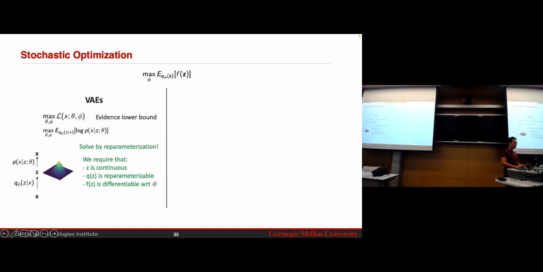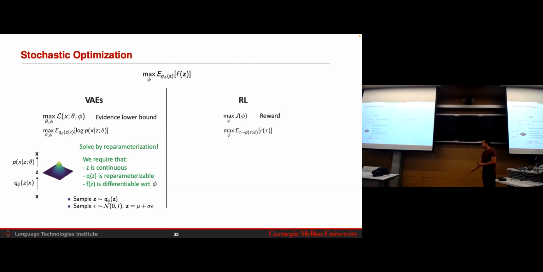You solve that by reparameterization. And of course, your F of Z, after you sample Z, should be differentiable with respect to phi. And we have all of that in variational autoencoders. So therefore, what you could do is, instead of sampling Z, sample the epsilon vector first and then transform the epsilon vector using my mean and variance parameters into Z.